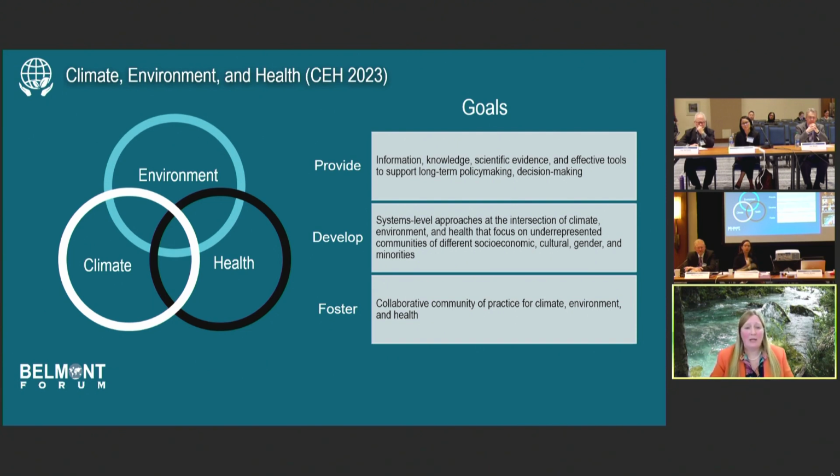We are particularly interested in focusing on underrepresented communities of different socioeconomic, cultural, gender, and minorities. A lot of marginalized communities are the first ones who are adversely affected by these challenges. In addition, we hope to foster an international collaborative community of practice for this.